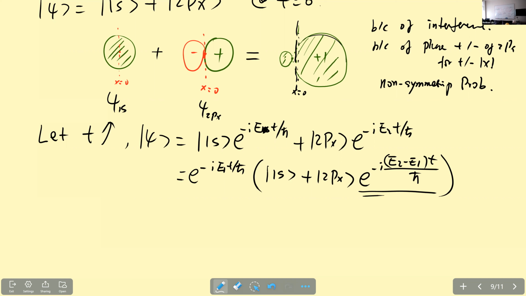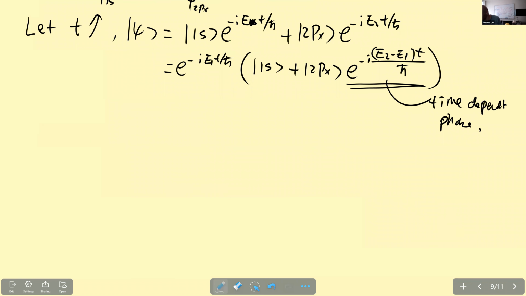And now this will introduce a time-dependent phase. Let's consider a few examples of the state. Let's consider, for example, the case that t equals, say, pi over 2 times h bar divided by E2 minus E1, right?